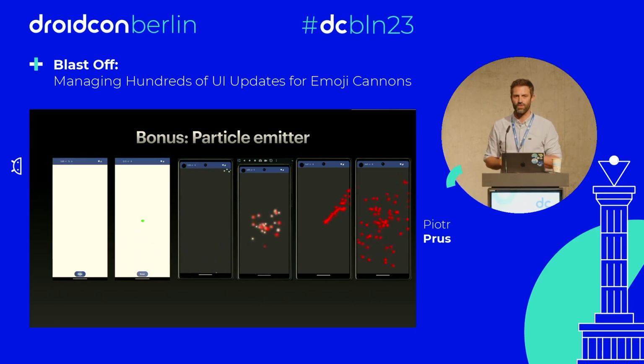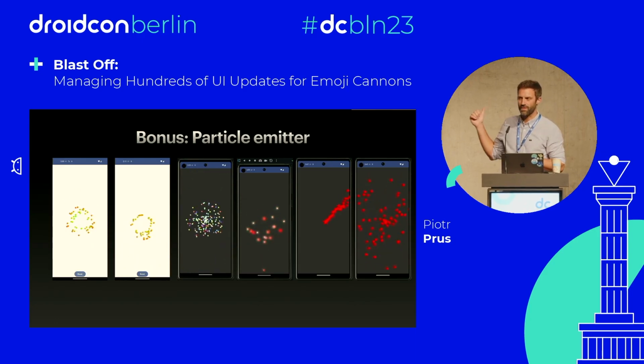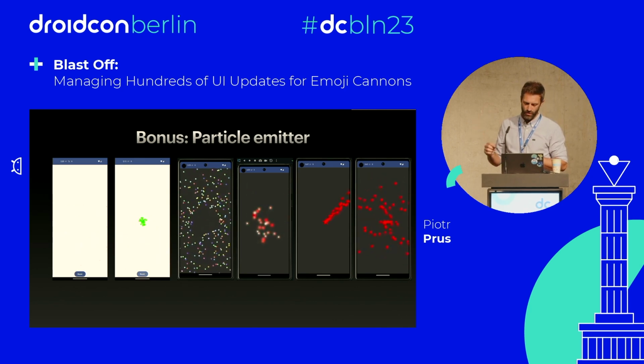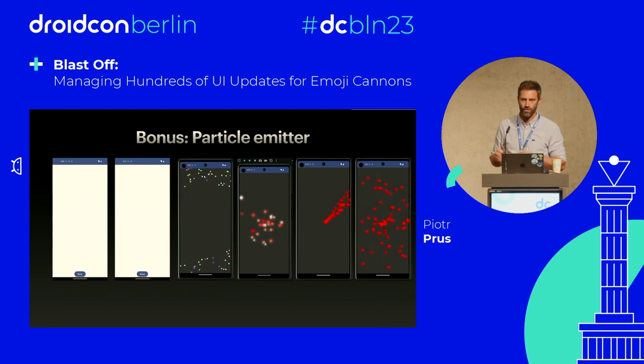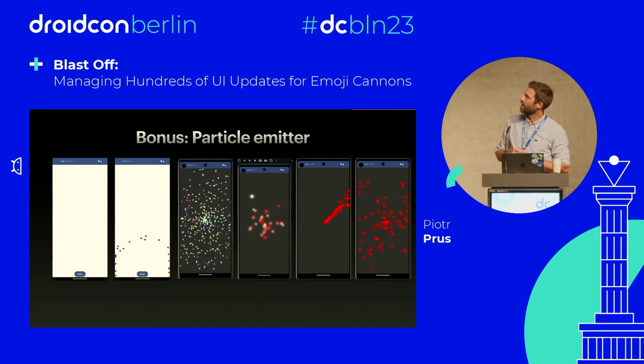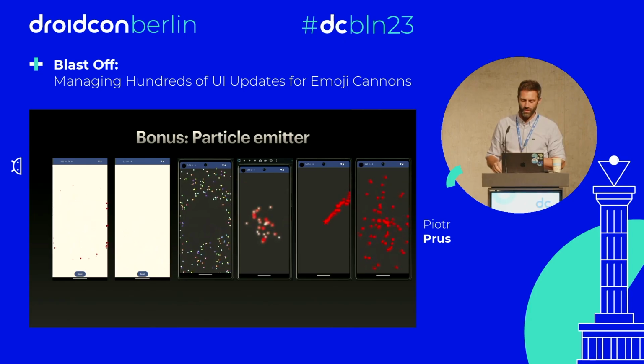It does not freeze your screen. I'm not using Canvas here. Everything is composable. As you can see, I added blur here and there, changed the color during the animation, and played a little with some gravity effects. So it doesn't freeze and looks cool.